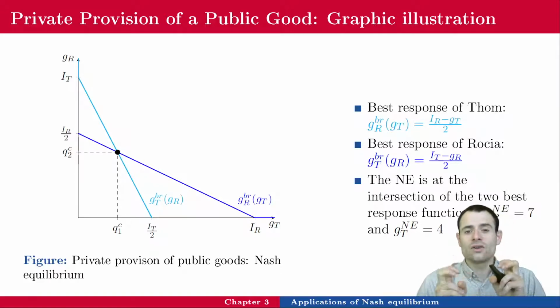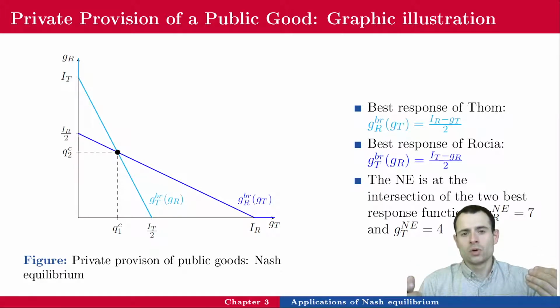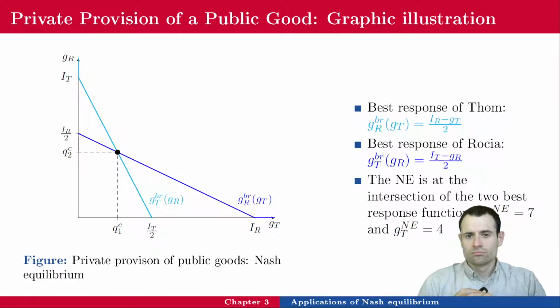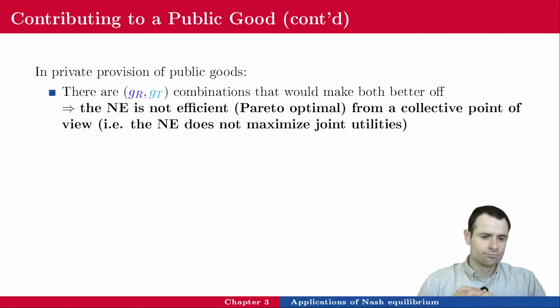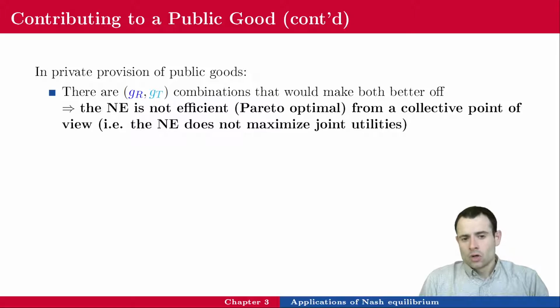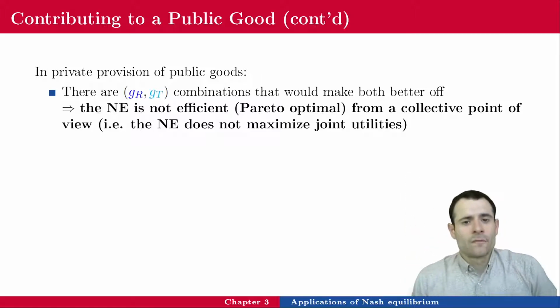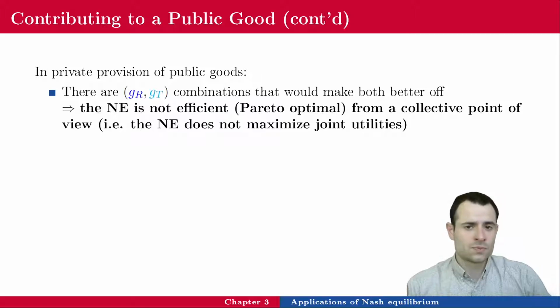They don't internalize this externality, and they end up contributing too little. So, in the private provision of a public good, there are combinations, GR, GT, that will make both better off. So the Nash equilibrium is not Pareto efficient from a collective point of view. That's pretty much what I said.